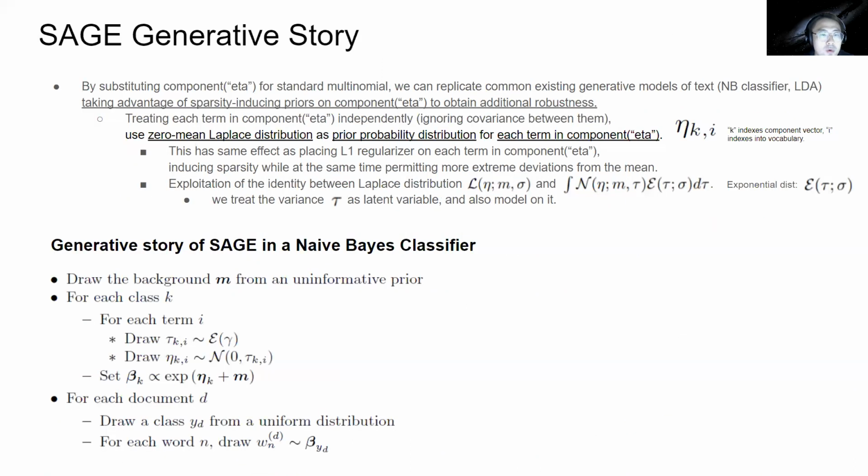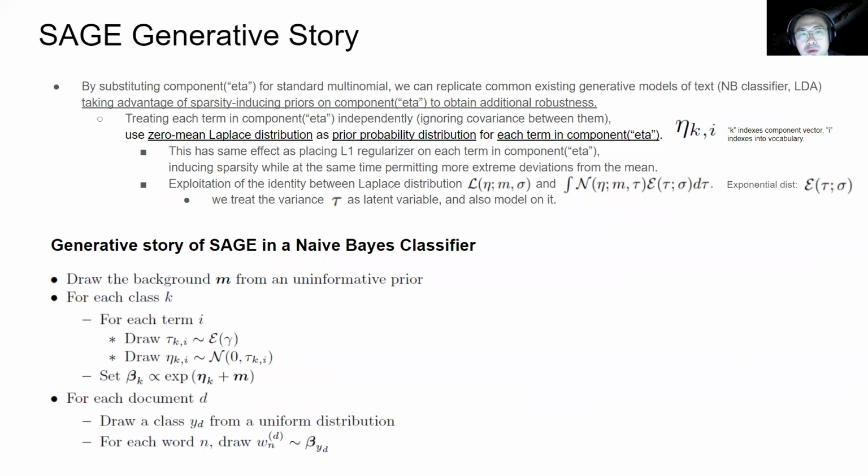Now let's dig into the SAGE generative story of this SAGE model. First, some background: natural language processing models like the naive Bayes classifier are still around, which is a very standard text mining algorithm.